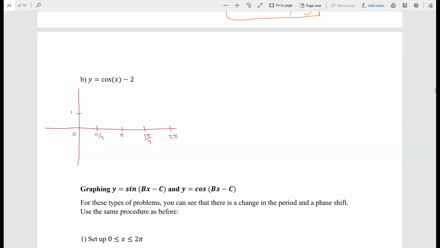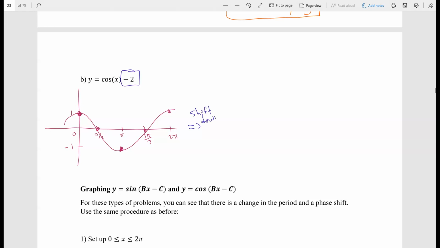The amplitude is 1, -1. Cosine starts at 1. So your graph kind of looks like this. Okay, if I draw it correctly. And then you can see what this -2 is doing right here, it's shifting down 2 units.